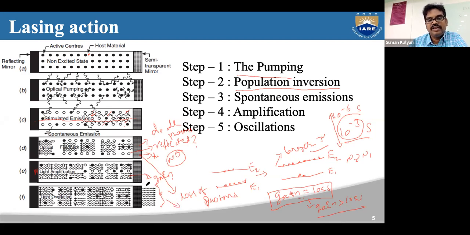We have lost the amount which cannot be controlled, but at the end, when we get gain more than loss, we'll get a laser beam in this direction.